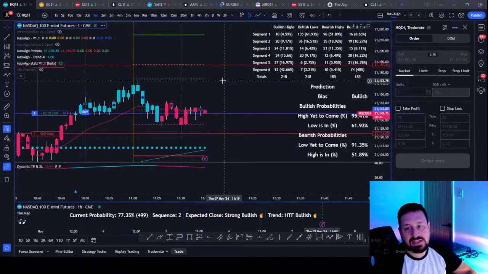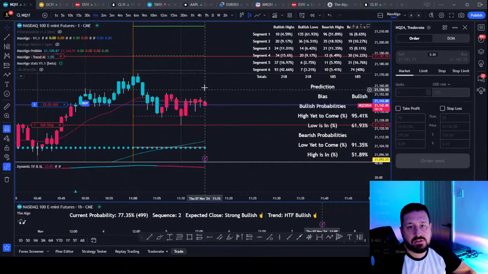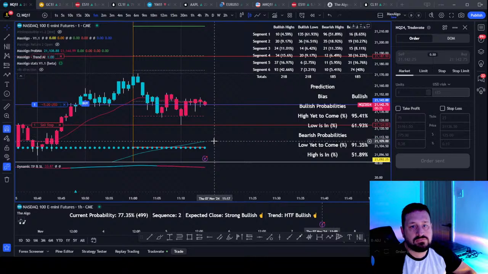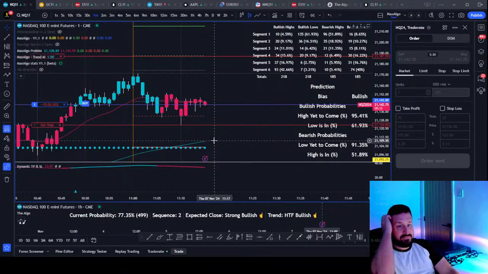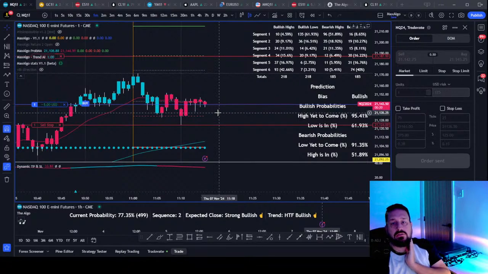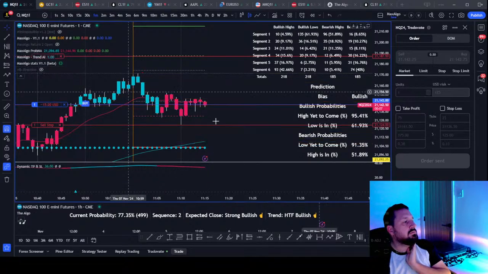Ideal entry would be it comes up, takes this high, getting our signal. If we come and take the low, then we're expecting a bearish hour. So, you know, that's all. If we break down through those VIBs, don't want to see that. I think we've got an open VIB up here, haven't we? Yeah.